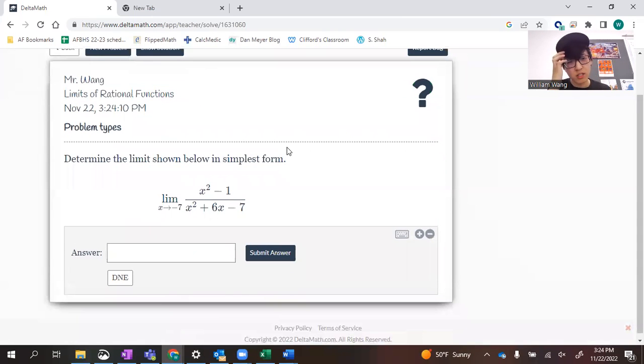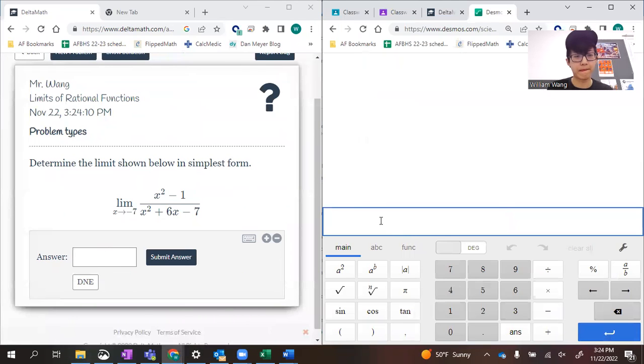I'm going to do one standard one. Okay. Cool. So limits of rational functions. Here's how I would approach this problem if I didn't already know what to do, right?